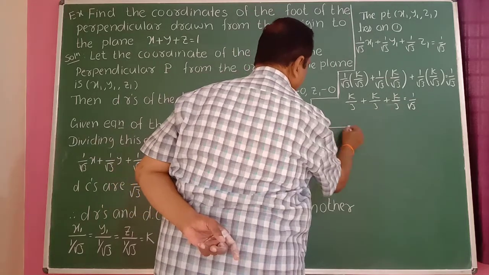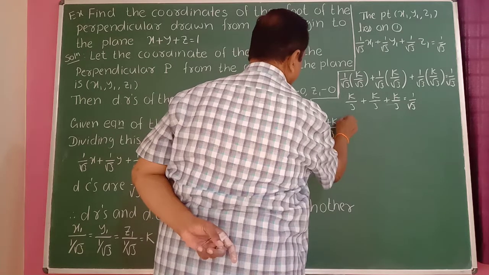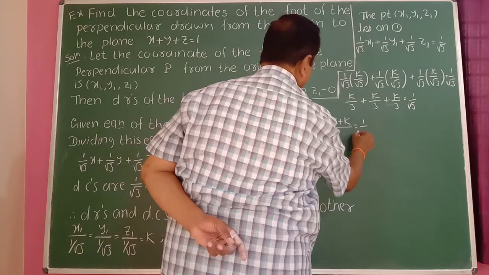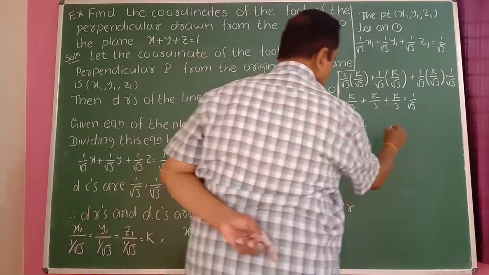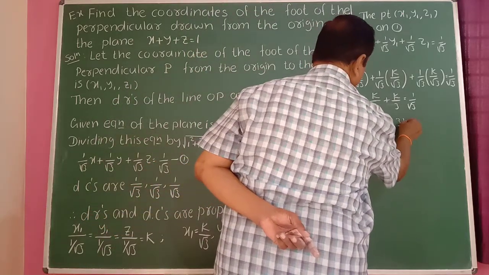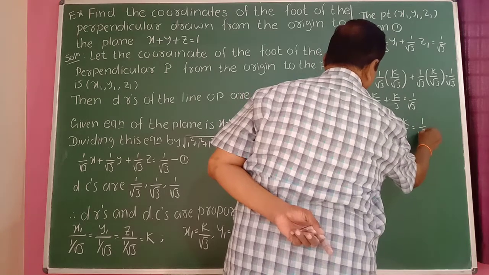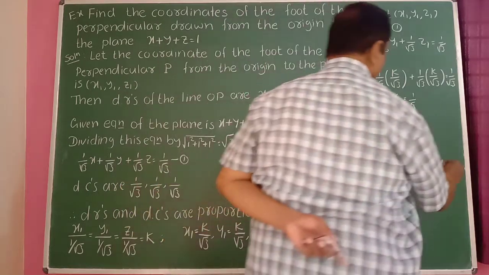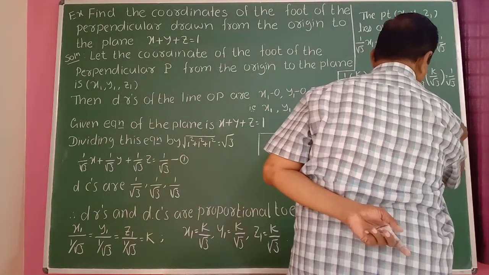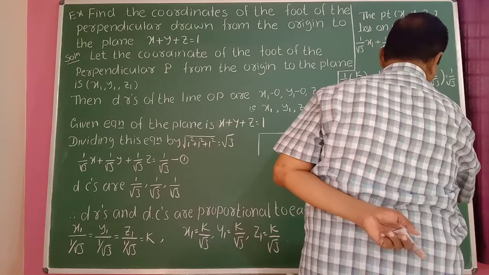So k plus k plus k is equal to 1 divided by root 3. k plus k plus k gives 3k. 3k divided by 3 is equal to 1 upon root 3. This cancels here, so k is equal to 1 divided by root 3. This is the k value.